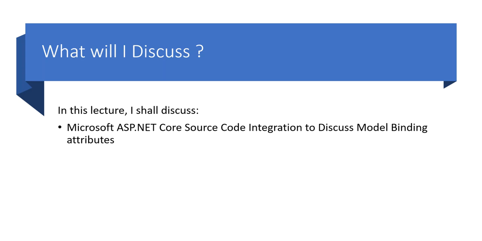Last time I told you how to integrate some of the source code from the Microsoft source code repository for samples in ASP.NET Core 3.1, and I'll be continuing on that before discussing the attributes, BindProperty and BindProperties.